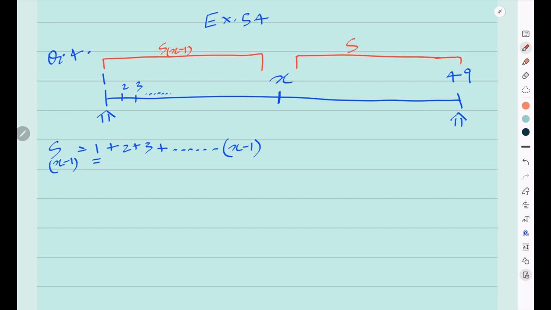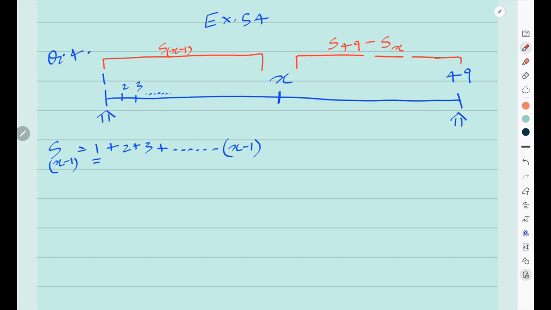So this is another sum, maybe a sum of all the terms, or we can also take it in a different way: the sum of every number from 1 to 49 minus the sum up to x. This is what it is, isn't it?